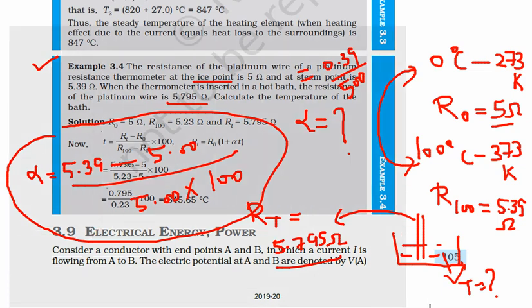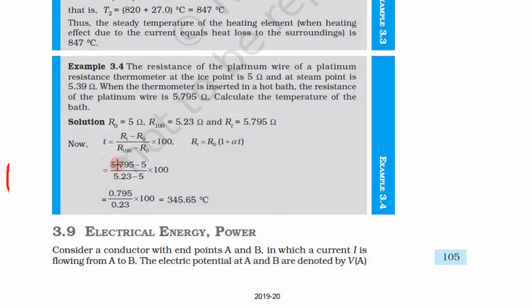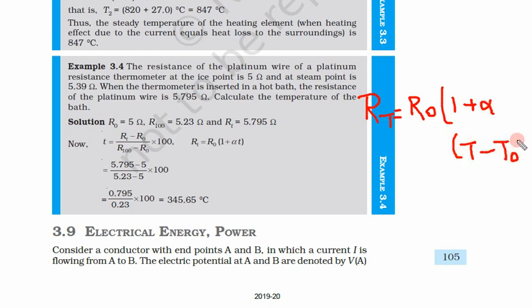First we get the alpha. After getting alpha, what will we do? We will simply use the equation RT is equal to R0 times 1 plus alpha times T minus T0. Okay, so this was our equation.